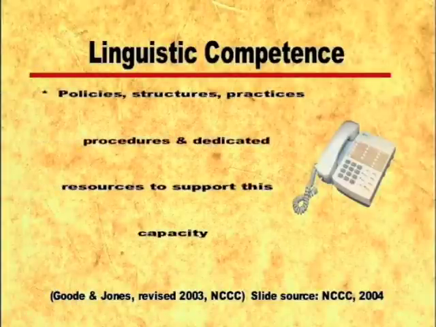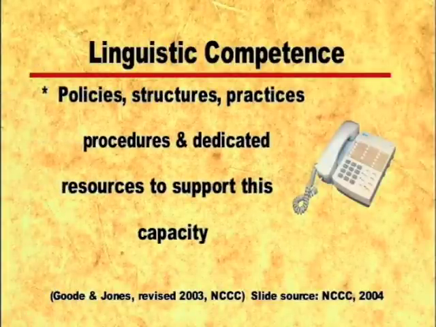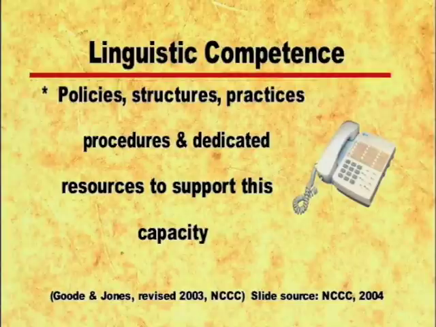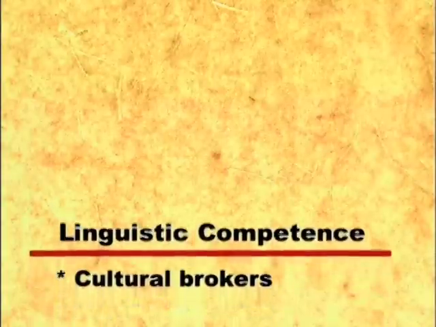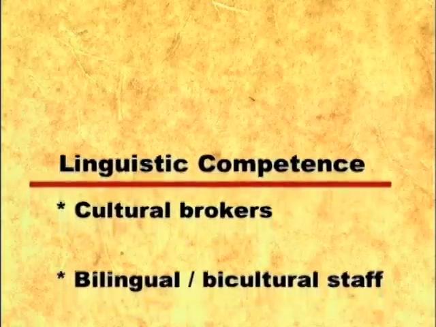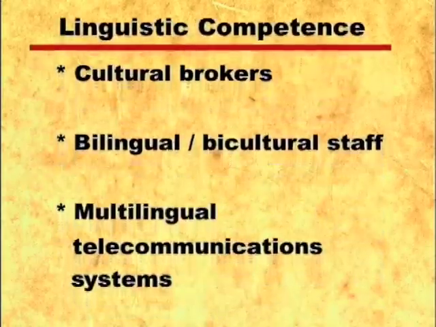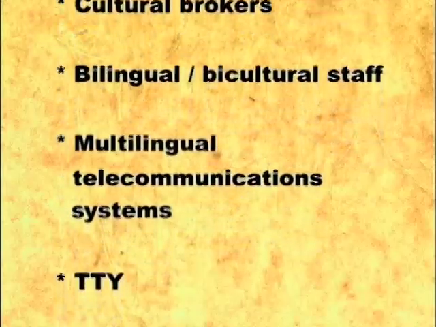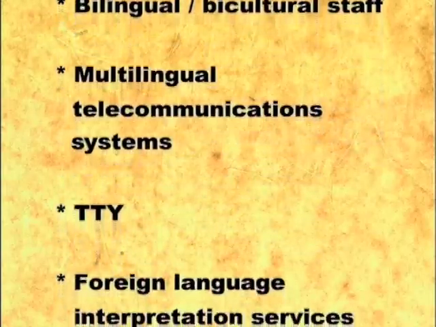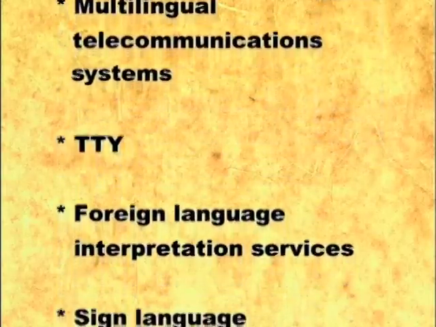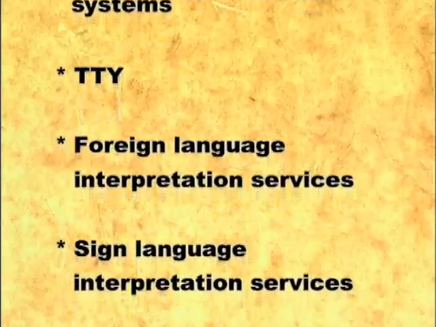Also, organizations must have in place policies, structures, practices, procedures, and dedicated resources to support this capacity. As we think about examples of linguistic competence, it may be bilingual and bicultural staff, or multicultural and multilingual staff. It may be the ability to provide foreign language interpretation services, also the ability to provide translation services.